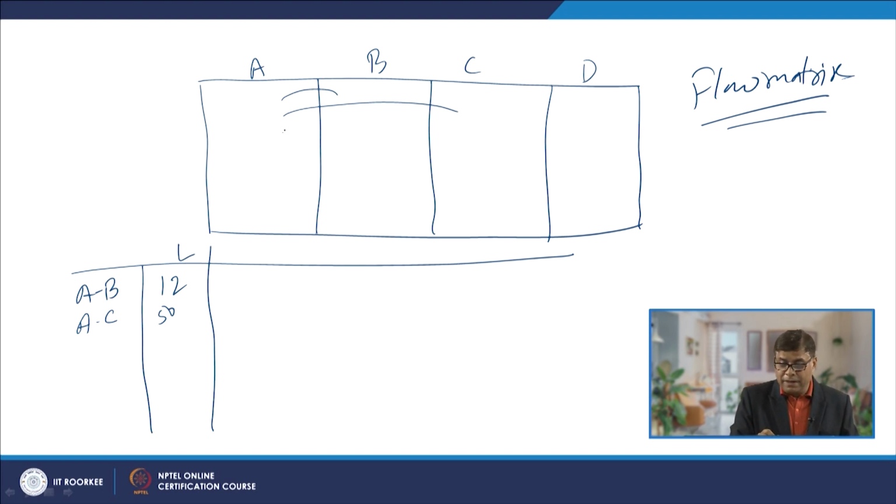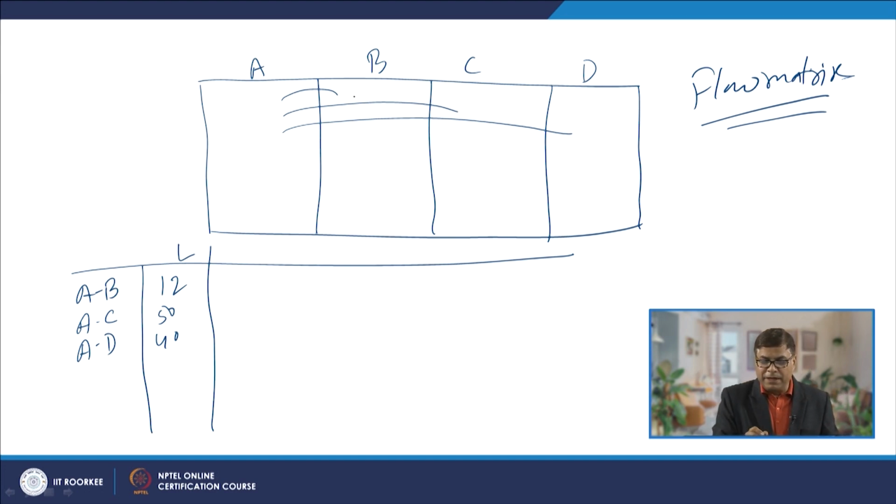Likewise, A to D or D to A movement is say 40. So, A and B are adjacent work centers, and C and D with respect to A are non-adjacent work centers, and this L is indicating the movement which is desired.